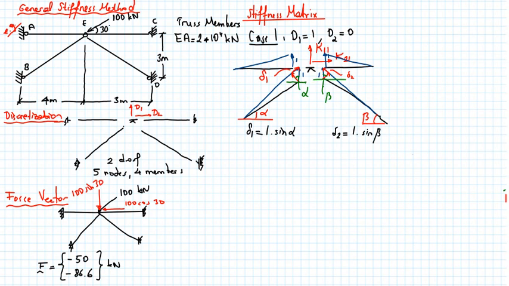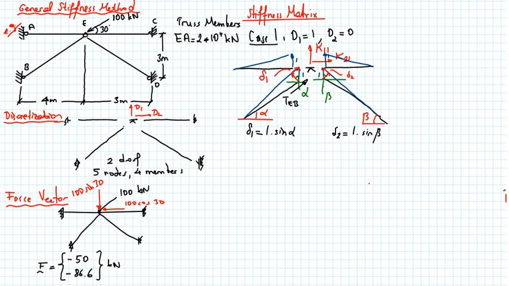Okay. Now, when I look at these translations delta 1 and delta 2, I see that this member elongates. So the tensile force will cause elongation. So because of this elongation, at member BE, I have a tensile force. I call it TEB.